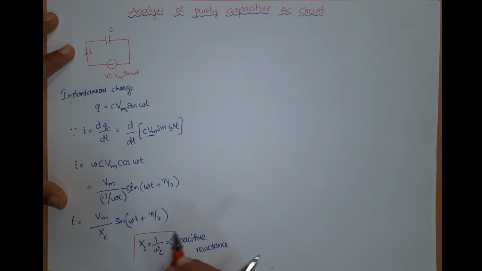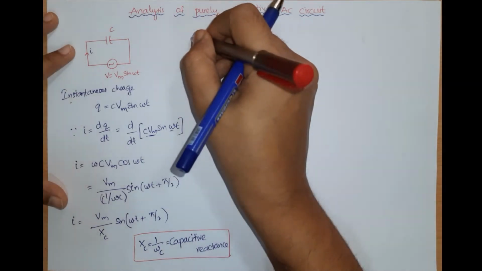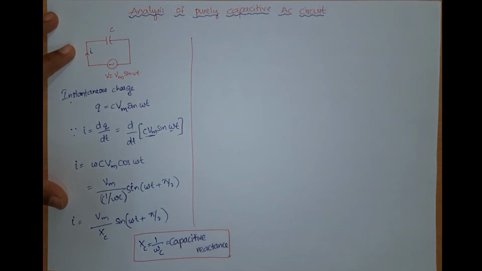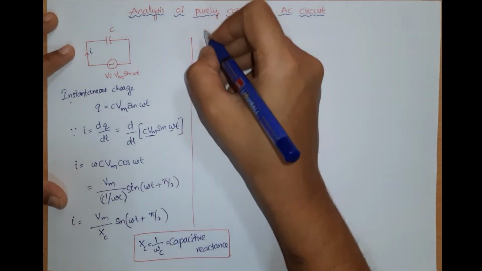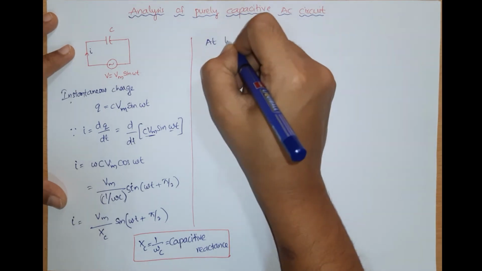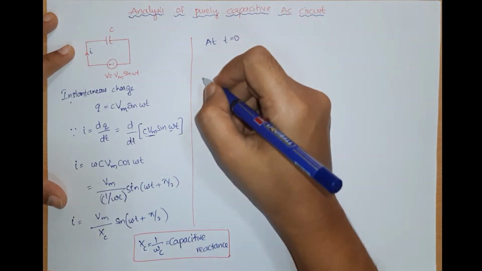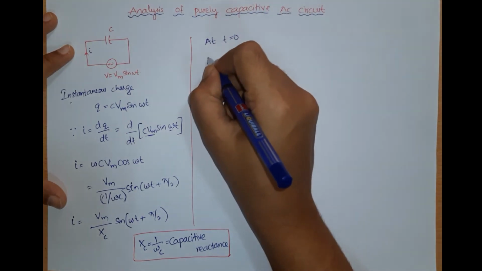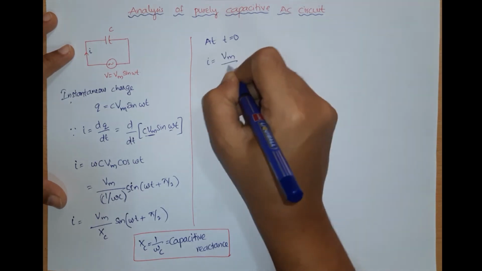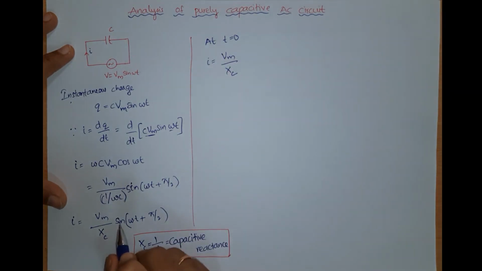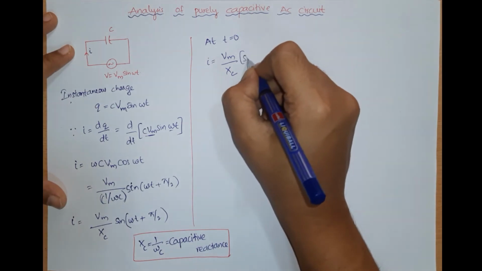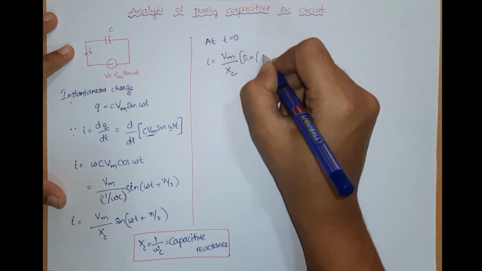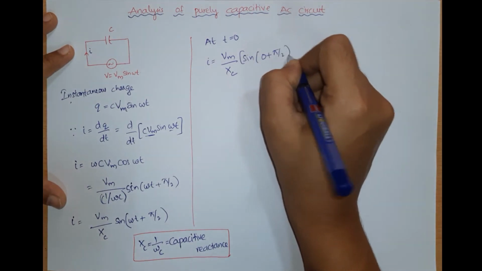Next, in this equation, if t is equal to 0, the equation becomes I equals Vm by Xc, sin of omega t, that is 0, plus pi by 2.